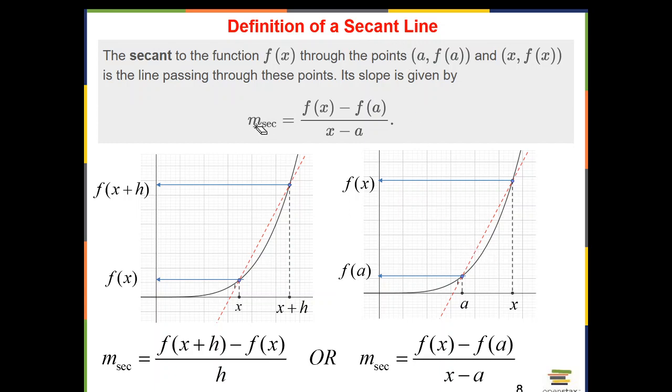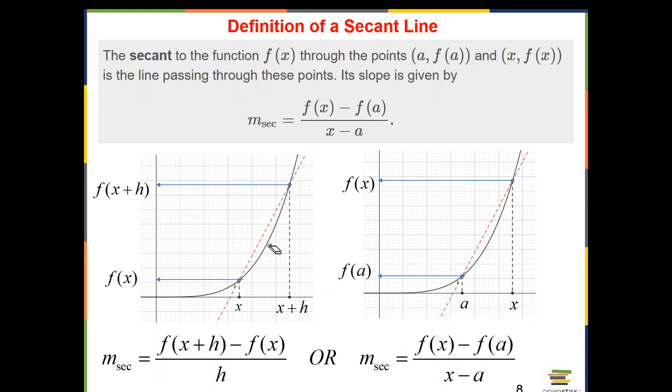So the slope of a secant line, m of a secant line, is f of X, which is y2, minus f of A, which is y1, divided by X minus A, right? So that's one way to write it.